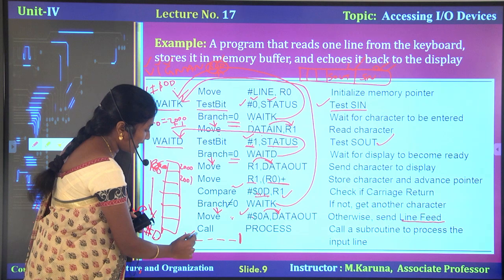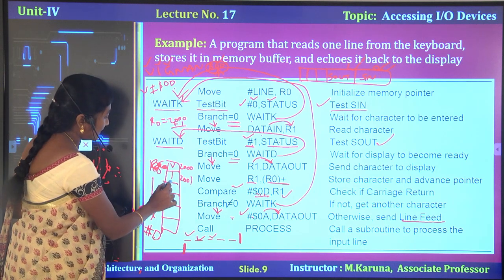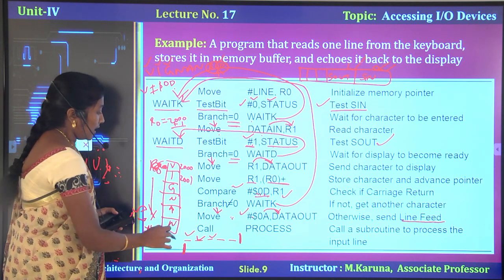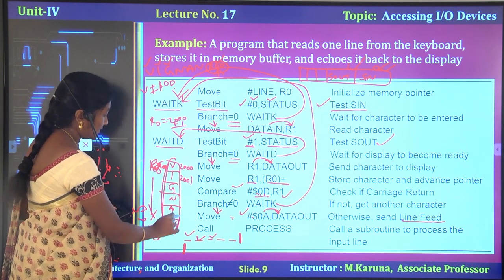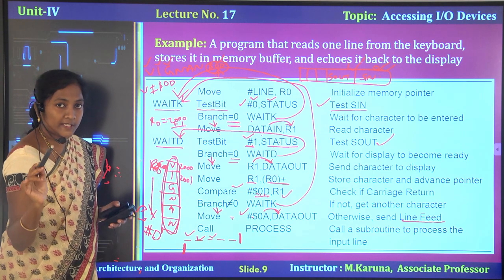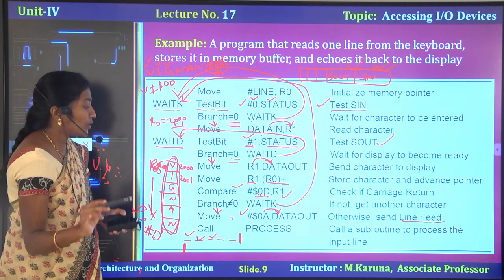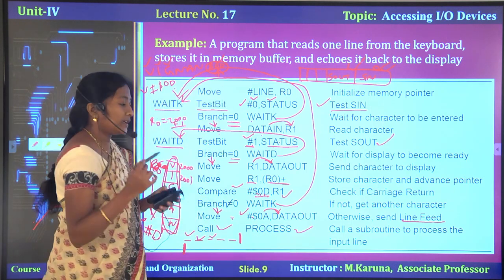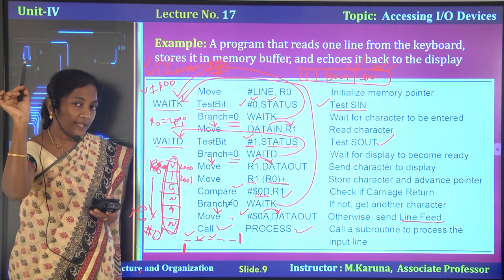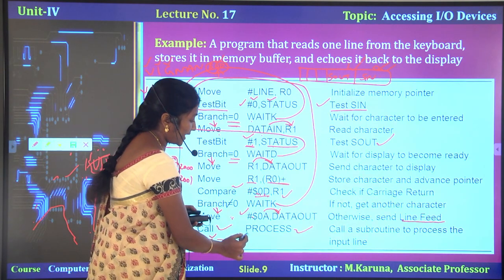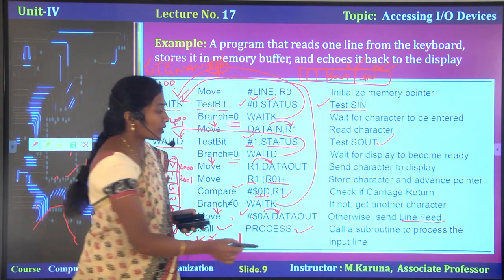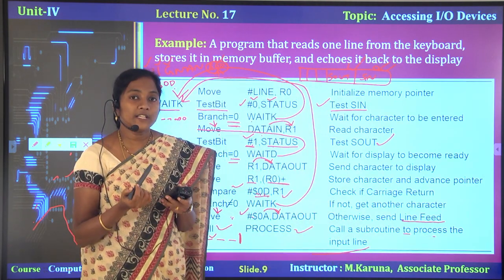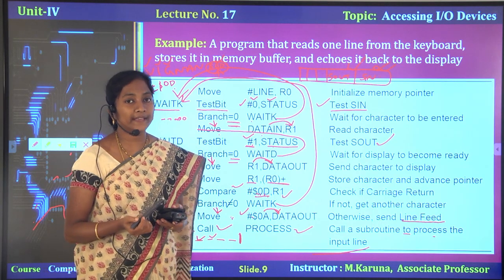After getting all the elements in memory location Vignan, these are to be displayed on the display device. For that display purpose, call process. The display program resides at some specified address, that is process. So call the subroutine to process the input line, to process the displaying of the line of characters.